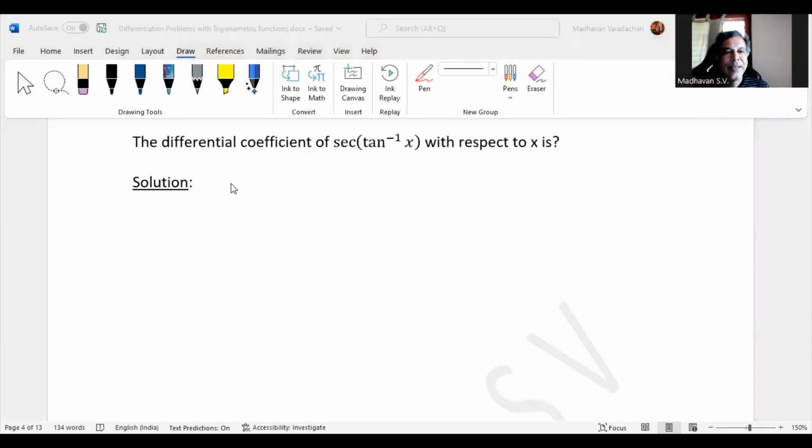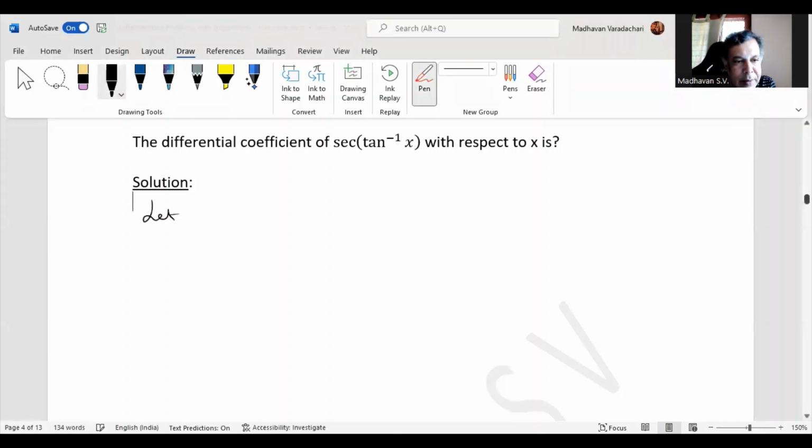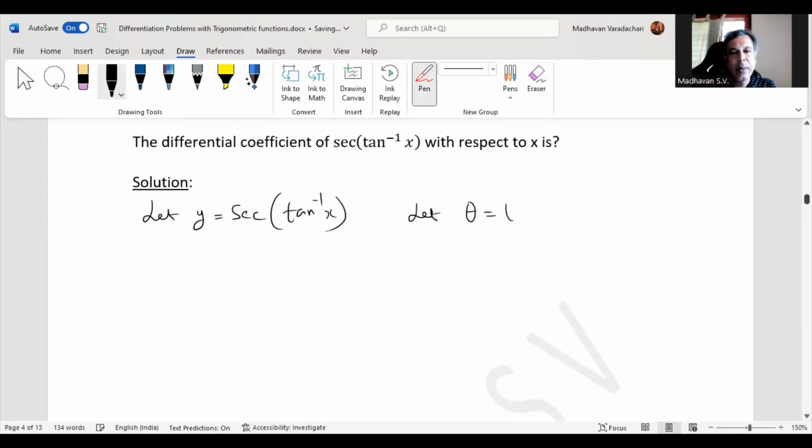We need to find the differential coefficient of secant of tan inverse of x with respect to x. So let us consider first, let y is equal to secant of tan inverse of x, and let theta equal to tan inverse of x. So here y will become secant of theta.